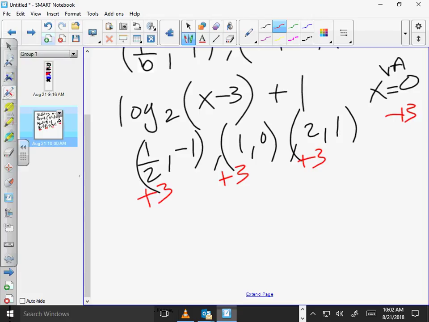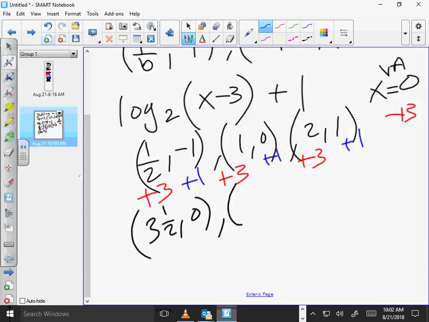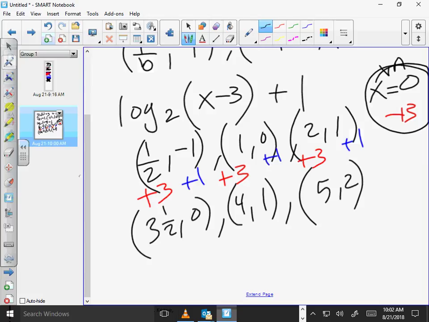And do we have a y transformation? So my final points then, 3.5, 0, 4, 1, 5, 2, and we have a vertical asymptote at x equals 3.